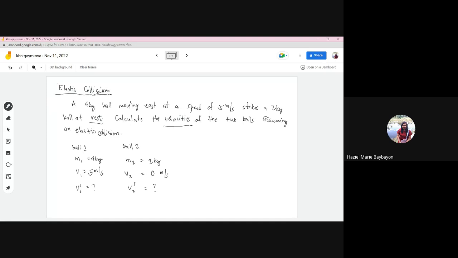So, aside from the conservation of momentum, in elastic collision class, in all elastic collisions, the kinetic energy is also conserved. Okay? So the kinetic energy for elastic collision is also conserved. So we have conservation of momentum, and then also conservation of kinetic energy.